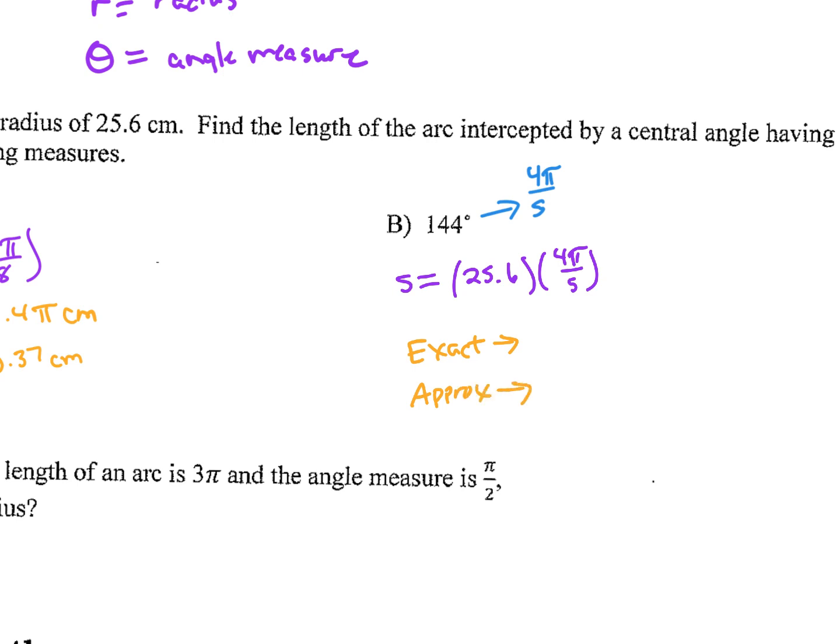So what do we get for the exact on that, Landon? 20.48. Good, 20.48 pi centimeters, right? And then if you plug in and do 20.48 times that pi, our approximate answer is 64.34 centimeters.